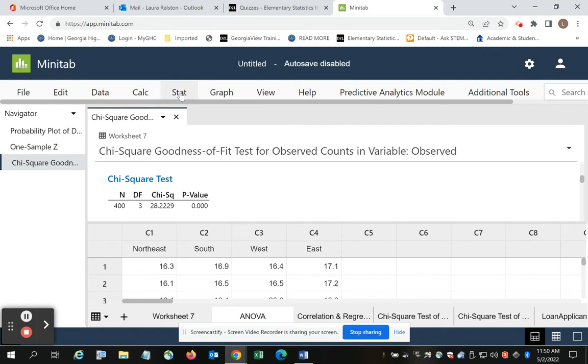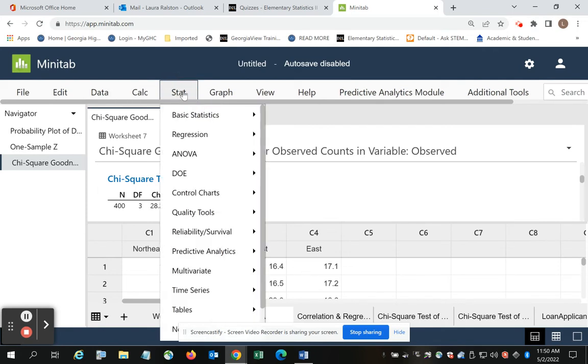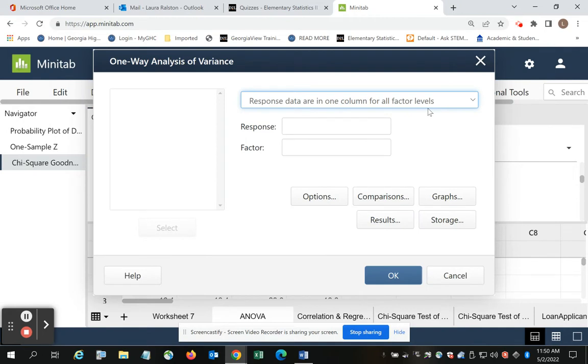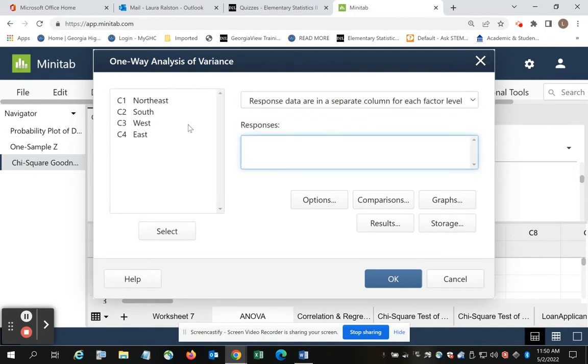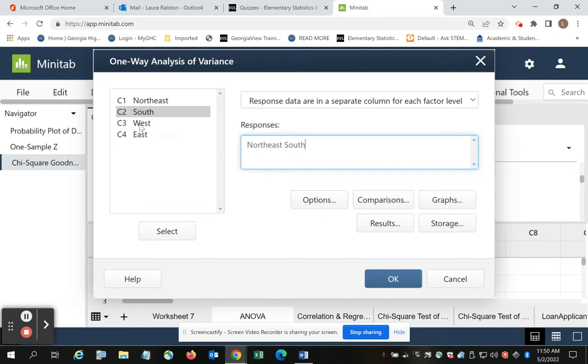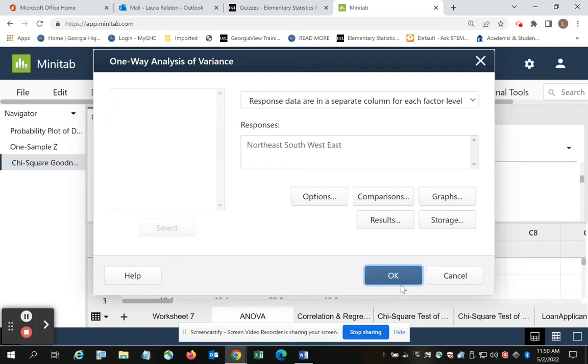And we go to Stat, ANOVA. We're doing one way. My data is in separate columns, and then I have to choose all the columns where the data is located. So I have 4 categories: Northeast, South, West, and East. So I choose all 4, and I click OK.